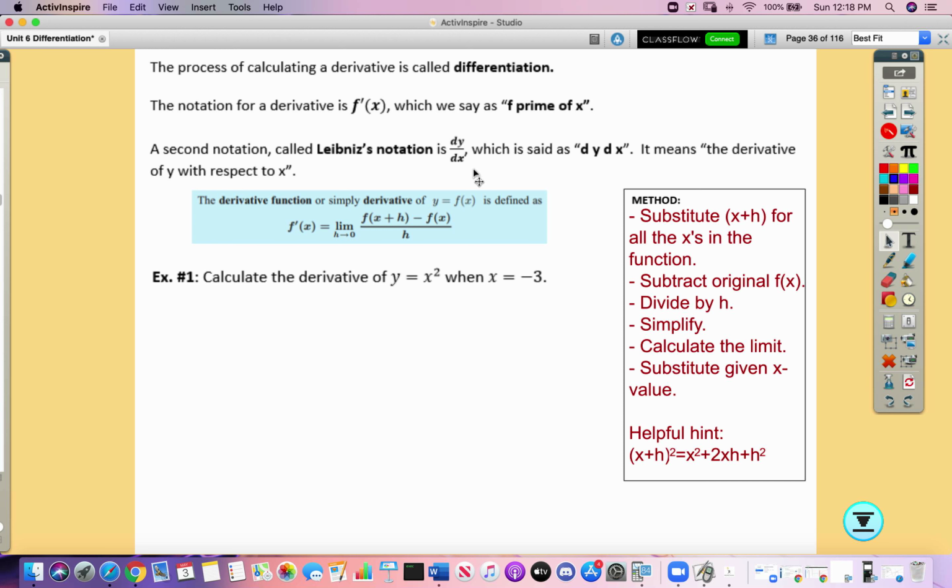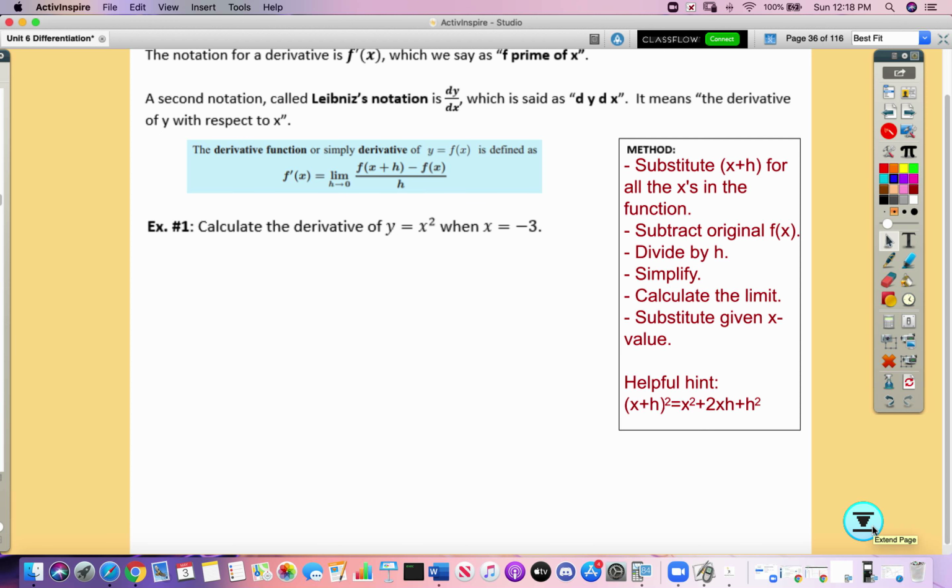Okay, so let's go ahead and use first principles to calculate the derivative of y equals x squared when x is equal to -3. So I've got our steps that we're going to approach here along the side. I hope that that will help you as we start.